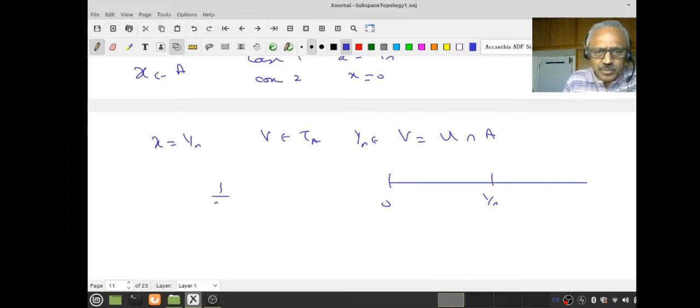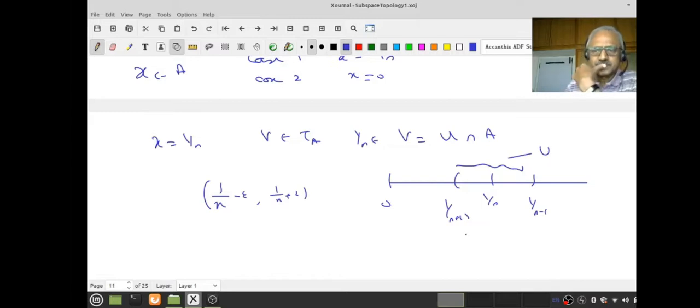Of course you will say 1/n minus epsilon to 1/n plus epsilon. But if you think a little deeper, look at 1/(n+1) and 1/(n-1). The interval between them is an open set U in tau. Do you understand this?